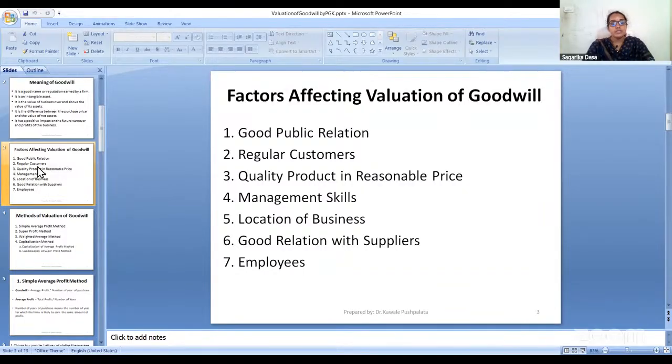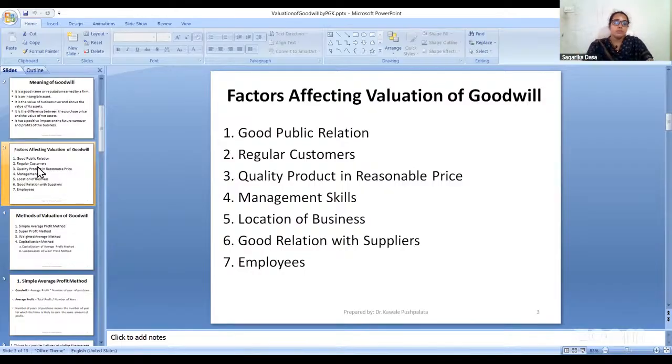Good relations with the suppliers. Ultimately, the business has to deal with the manufacturing of the products. How are they going to manufacture? With raw material. Who will supply the raw material? The suppliers will supply the raw material. So it is better for the organization to always have a good relationship with the suppliers so that the supply will be done in a proper way, the manufacturing process will take place on time, and sales will take place on time.